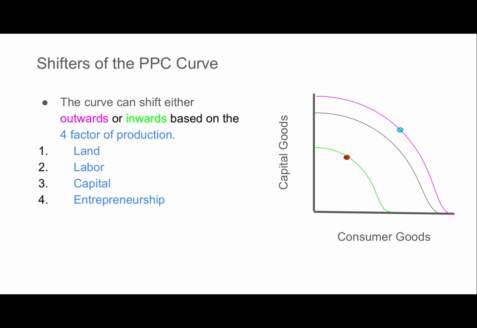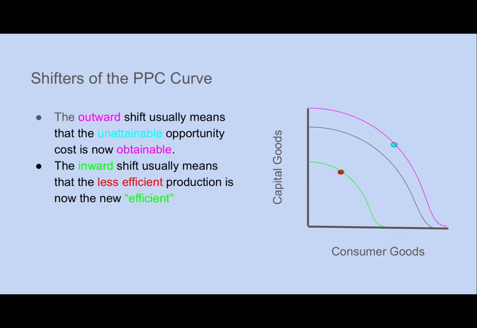The four factors of production, land, labor, capital, and entrepreneurship, determine whether the curve shifts outwards, which means that there is an increase in one of these four factors of production, or inwards, if there's a decrease in one of these four factors of production, as represented by the magenta line and the lime line. The outward shift from the normal line to the magenta line represents that the unobtainable teal dot is now obtainable because the resources needed to obtain it are now available, meaning that there's increased output.